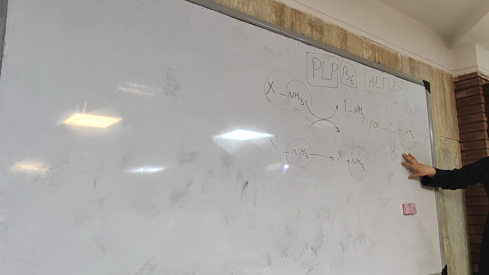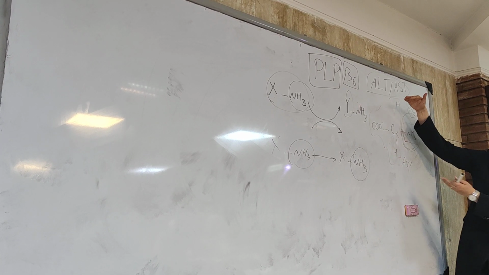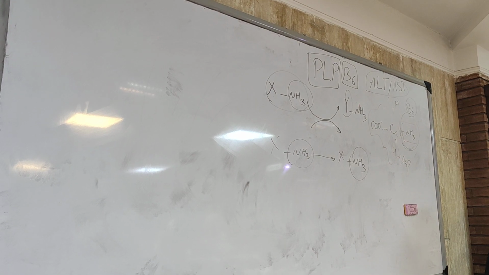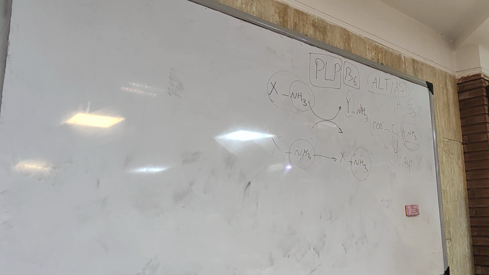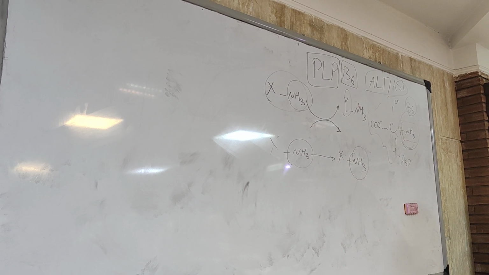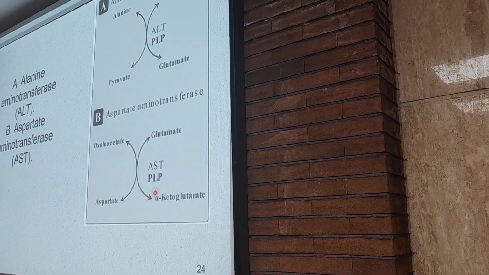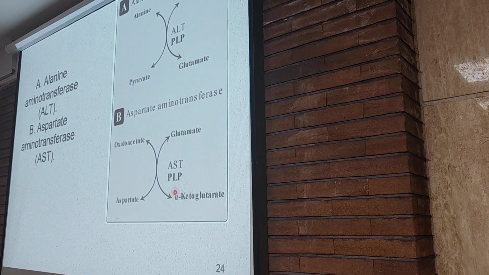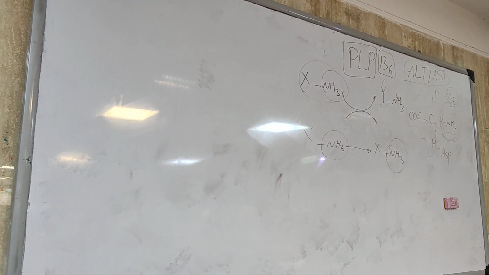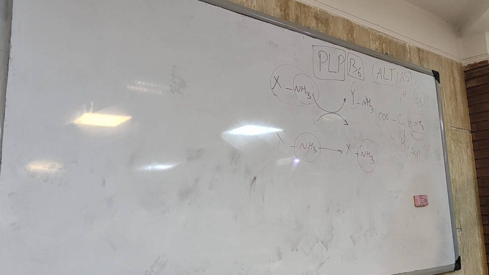So when you have aspartate, the remaining carbon skeleton is oxaloacetate. And again, alpha ketoglutarate participates in this reaction and receives the amine group of aspartate. Now it is glutamate. Glutamate can be hydrolyzed and liberate its free ammonia.